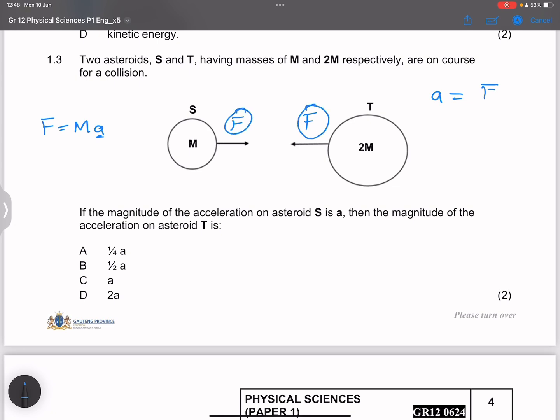The only thing that's different is the mass. The mass is 2m, so it will be half the acceleration that we had before. So in this case, it should be half of A.